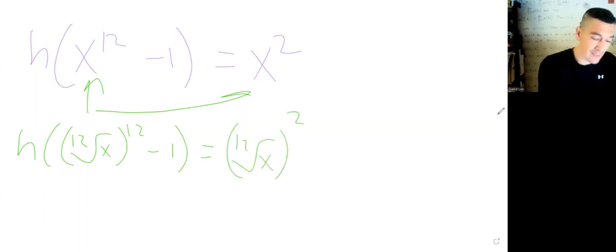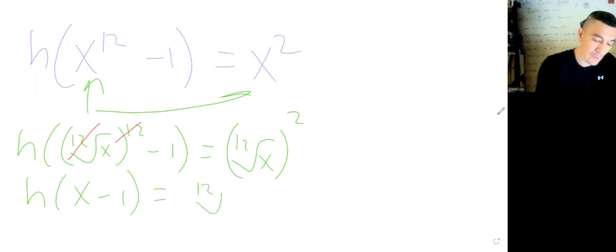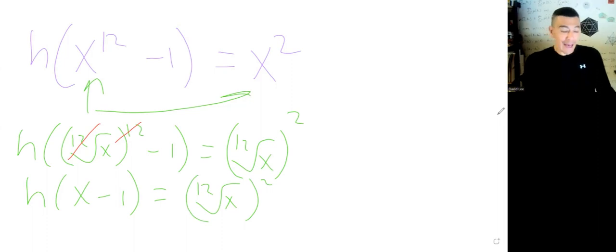And this works out nicely because here in red, let me switch colors, these knock out. So on the left, we're left with h of x minus 1 equals the 12th root of x, all of that squared. Now let's focus on the 1 and let's get rid of the 1.